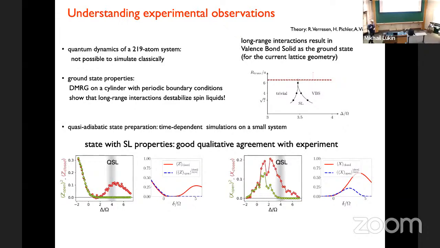The way we understand it now is that the transition into this valence bond solid state is a first order phase transition, and the transition into the spin liquid state is a second order phase transition. So if we go across the phase transition with a finite speed, meaning slow but not exponentially slow, we just pass through the first order phase transition and we just don't see it.